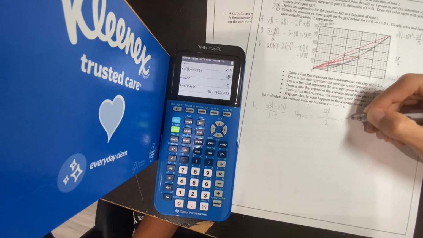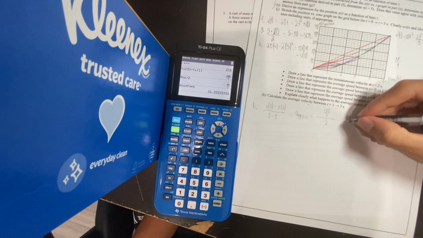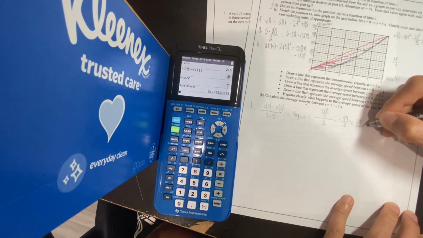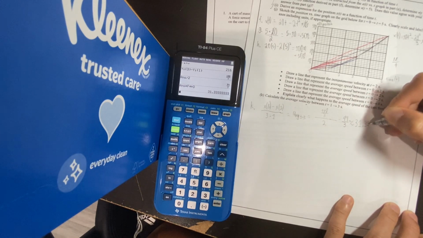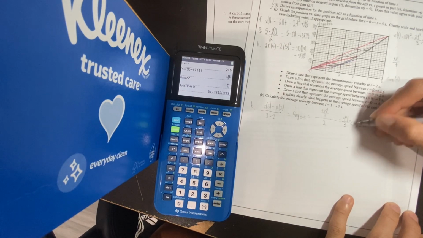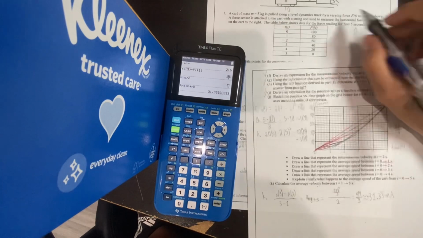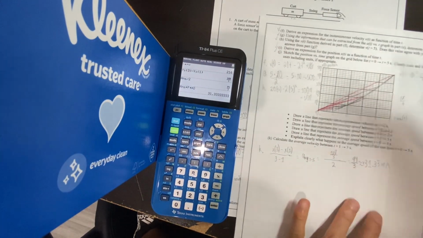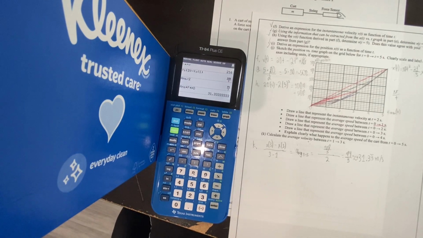Divided by that equals 94 over 3, right? Which is about 31.33 meters per second in the positive direction, because of course it's going rightwards, right? Okay, that's it. Number 2 done.